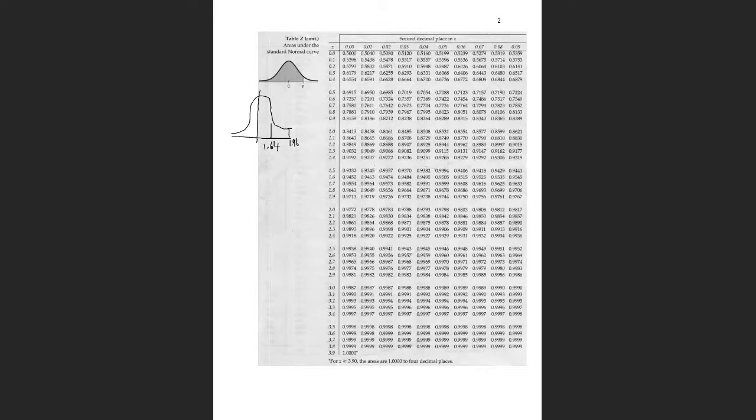And then we said greater than is to the right and less than is all this to the left. So when I look up 1.64, 1.6 is here, go across to 4 is here, 1.64. So that means from negative infinity up to here is 0.9495.